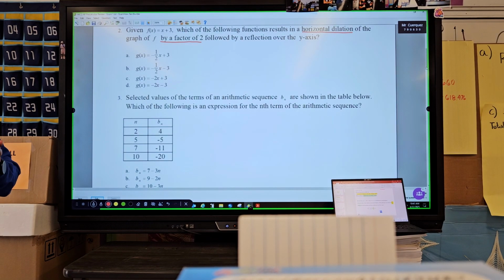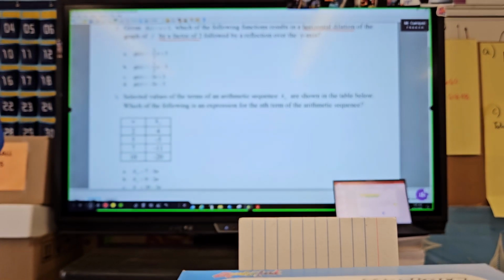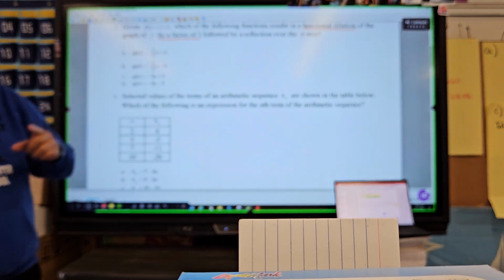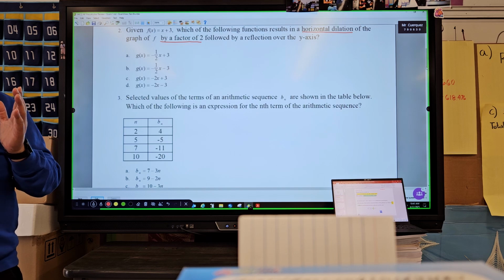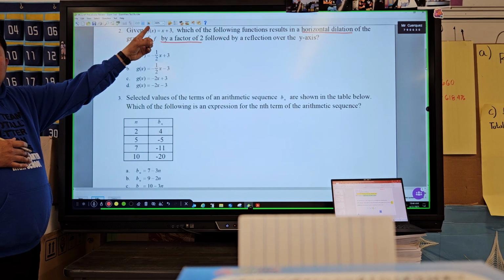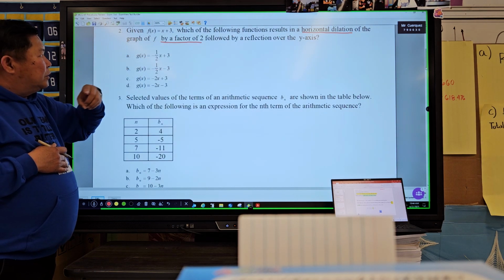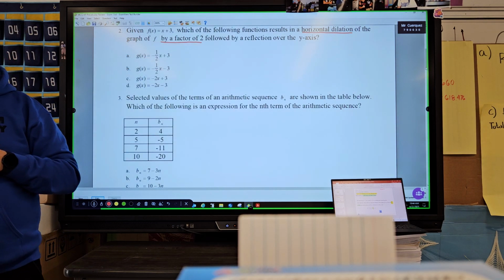So that means for the horizontal dilation, scale factor of 2, it's being stretched along the x-axis because it's horizontal dilation. So we have this as coefficient of 1, but it says by a factor of 2, that means we do the reciprocal.